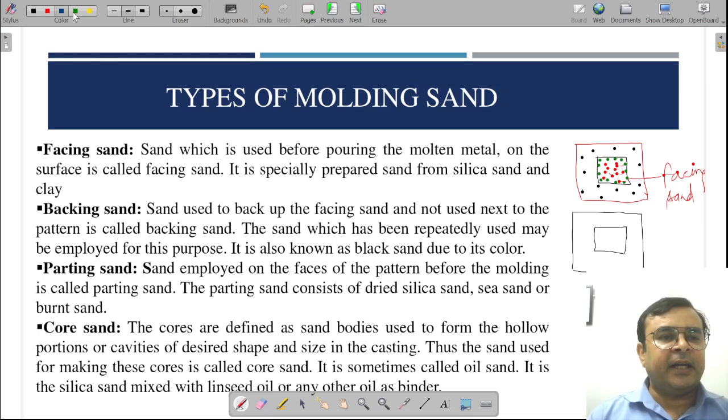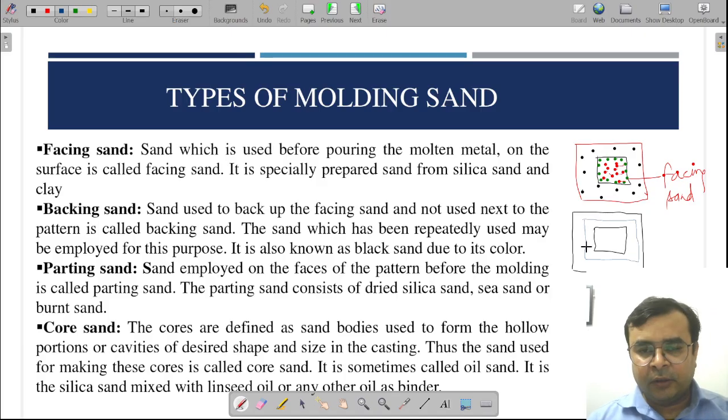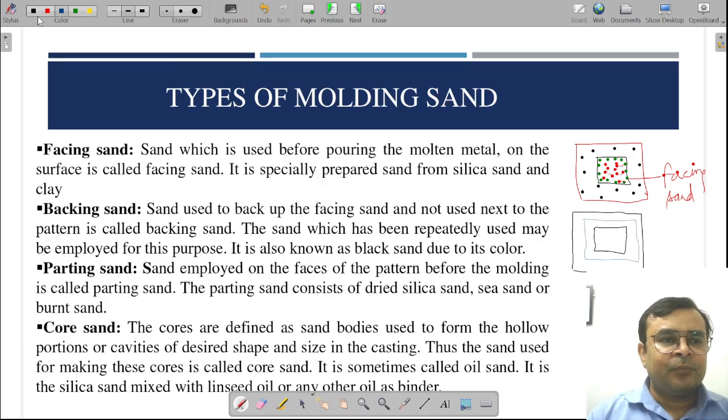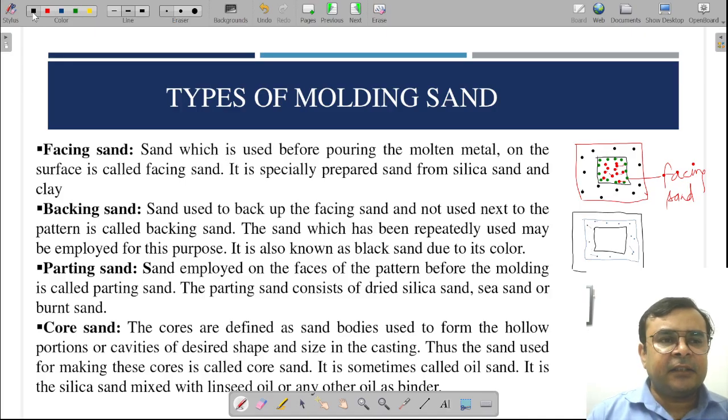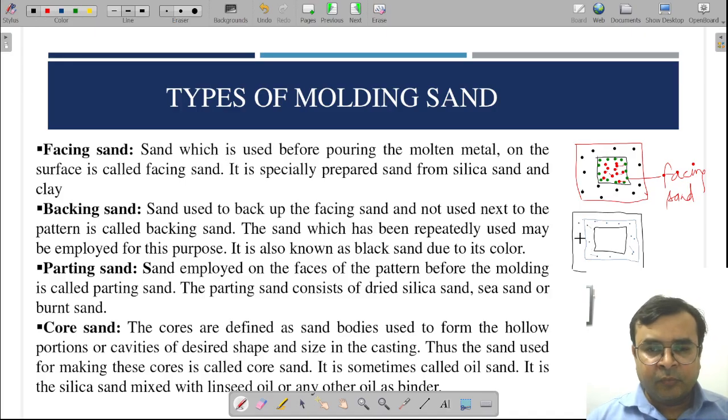and then this sand will become a reusable sand. So this reusable sand is called as backing sand, and generally backing sand is applied outside this zone. Is it right? Actually in this zone at the inner side, generally here we use fresh sand, fresh green sand, and outside this we use burnt sand, and this burnt sand is called as backing sand.